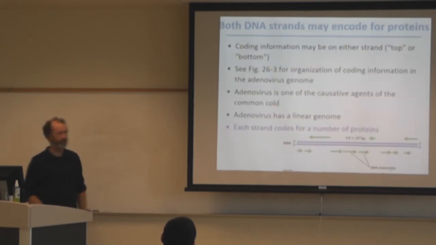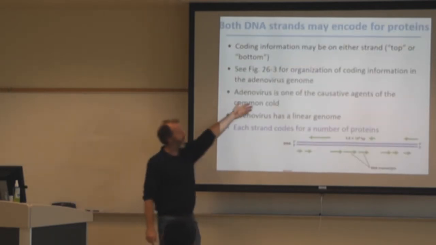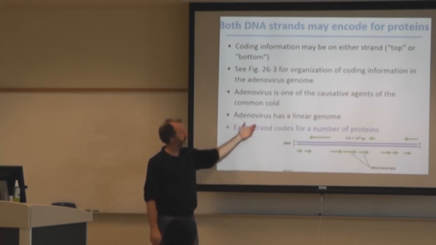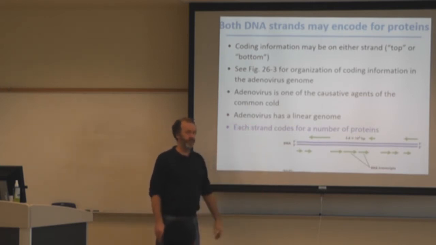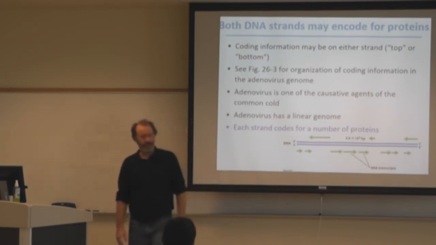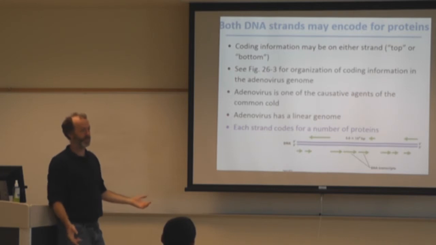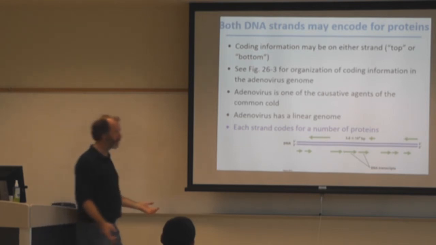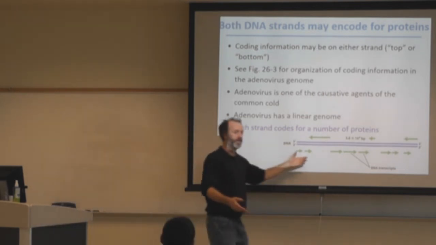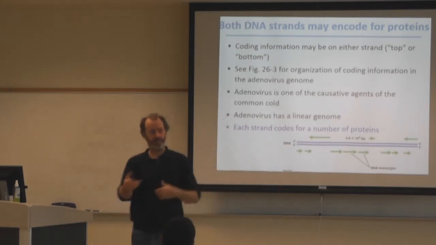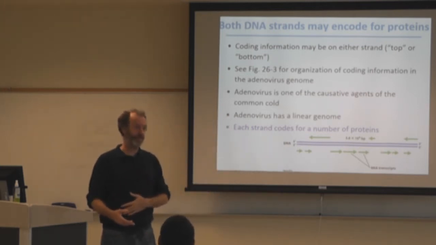And if you didn't know, adenovirus is one of the causative agents of the common cold. And it has a linear genome, kind of like us. It also was involved in one of the first human gene therapy trials. It was a terrible disaster. They were trying to repair an inborn error in metabolism that somebody could live with, replacing an enzyme in the liver.